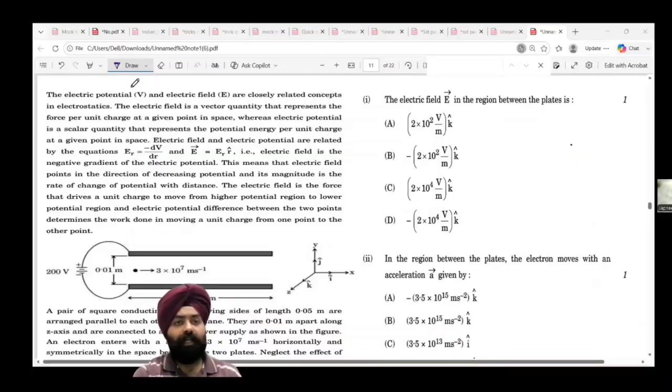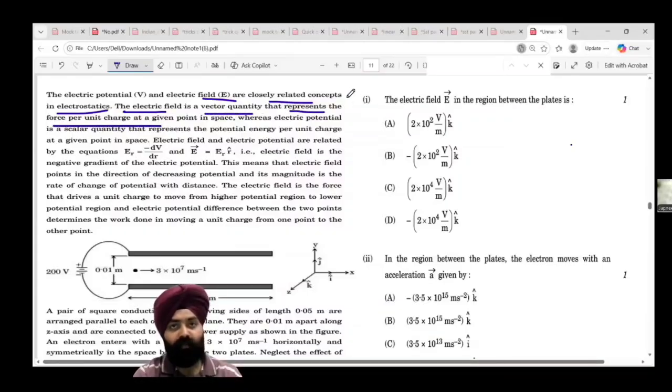See, the electric potential and electric field E are closely related concepts, right? In electrostatics, the electric field is a vector quantity which represents the force per unit charge. Whereas electric potential is a scalar quantity that represents potential energy per unit charge at a given point in space.